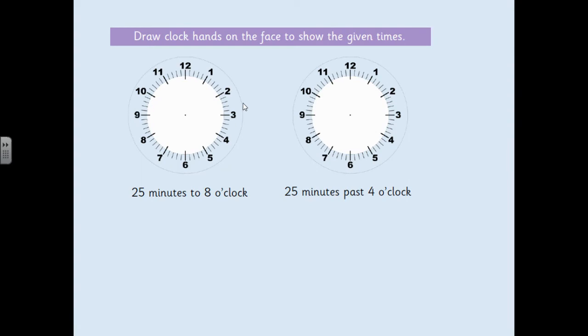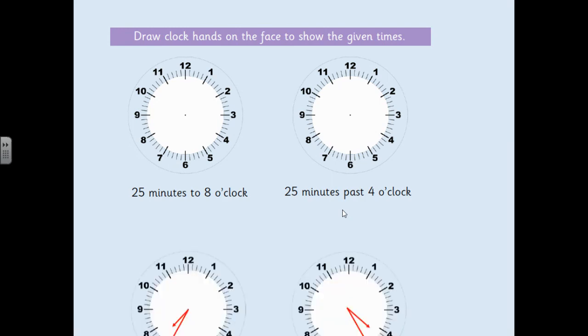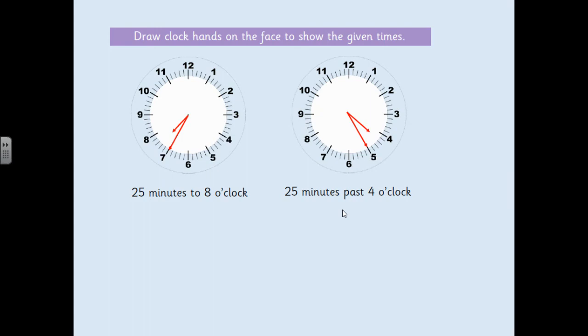Now what I would like you to do is draw these clock faces. First, look at the time, 25 minutes to 8 o'clock and 25 minutes past 4 o'clock. So what you need to do is draw the clock hands on the faces to show the given times. This is what it looks like. If you got that, well done.